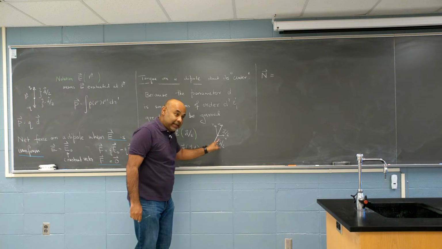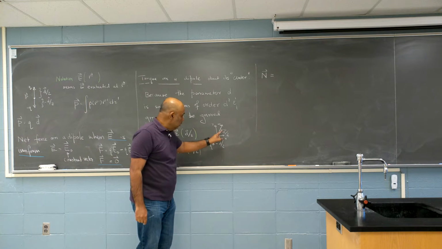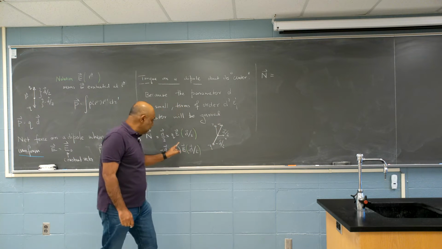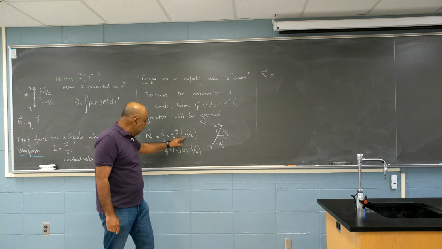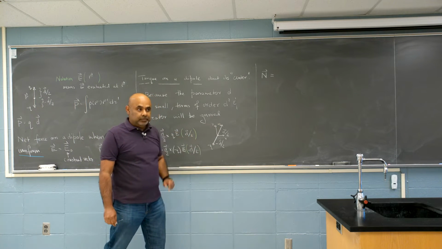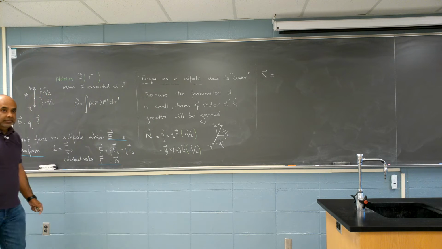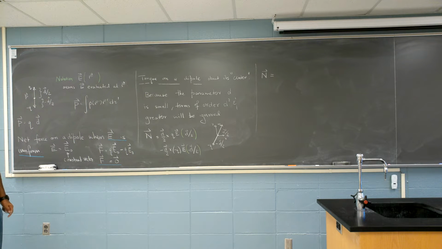Torque about the center, due to the two charges subject to an electric field that may or may not be uniform. So we're adding up the torques by the two charges, right?